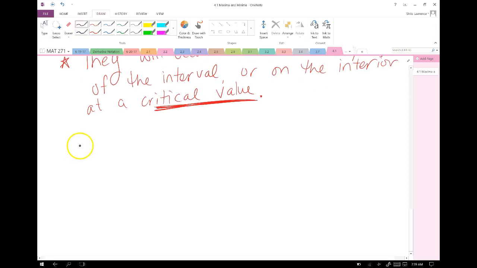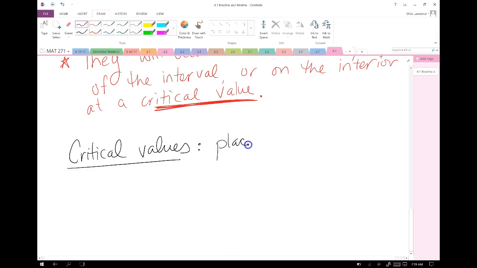So critical values. These are places where your function either has a derivative equal to 0 or undefined.